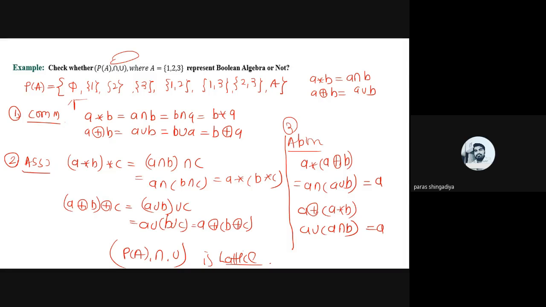So which pair can we consider as {1} dash? {2,3}. Why? Because when we take the union of {1} with {2,3}, the answer will be {1,2,3}, and when we take the intersection, the answer will be phi. So the complement of {1} is {2,3}, and the complement of {2,3} is {1}. And then the complement of {2} will be {1,3}, and {1,3} dash will be {2}.